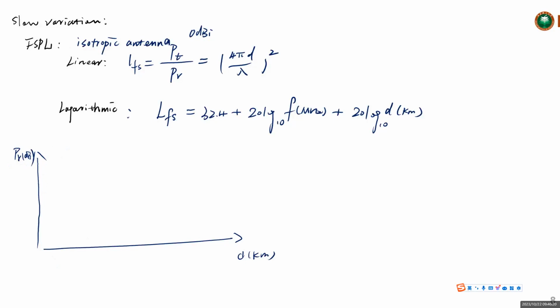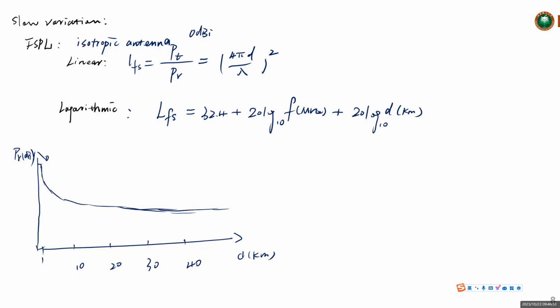For example, 0, 10, 20, 30, 40, and it usually decays like this one, right?